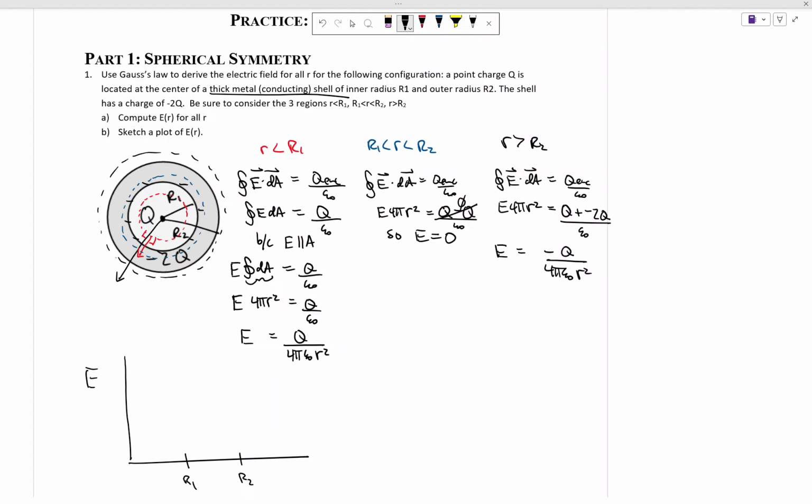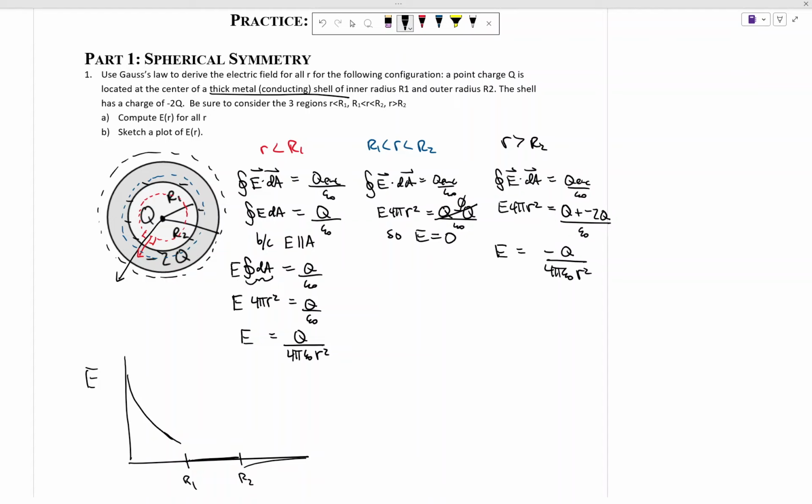Well, it's dropping off like 1 over R squared. And then from R1 to R2, the electric field is 0. And then beyond R2, it's also dropping off, but it is negative. So we would see something like that as we get to larger R.